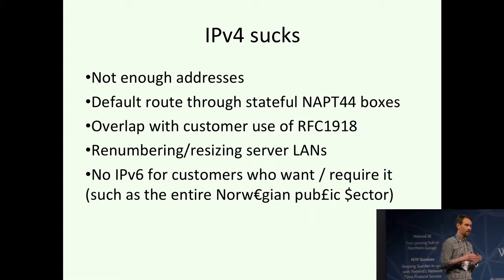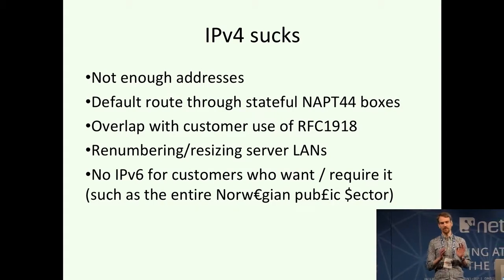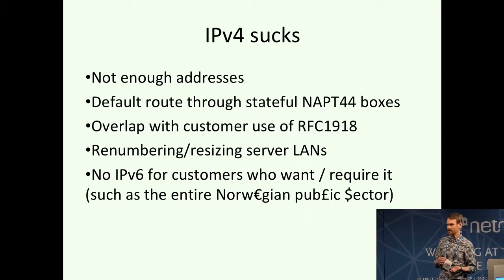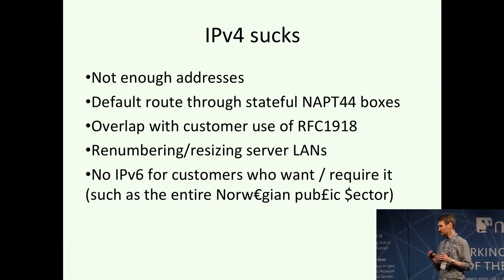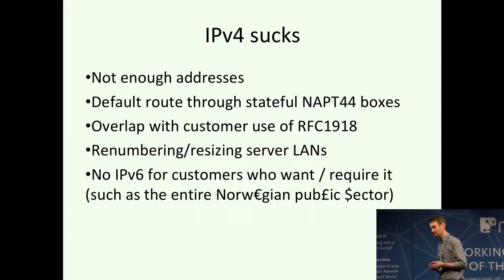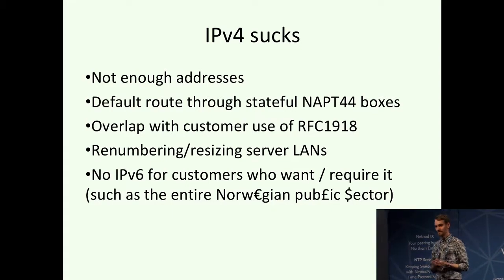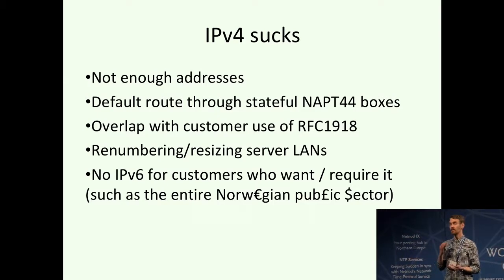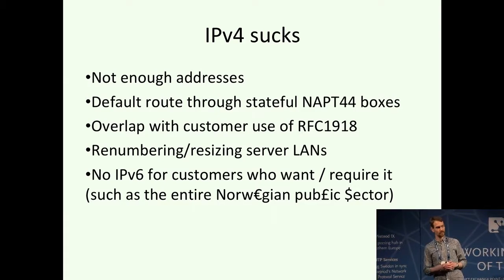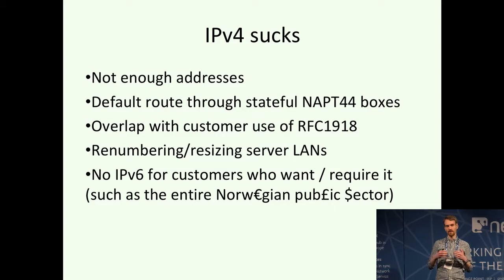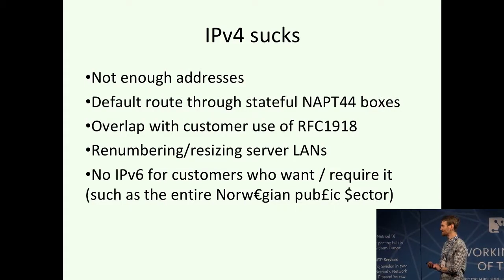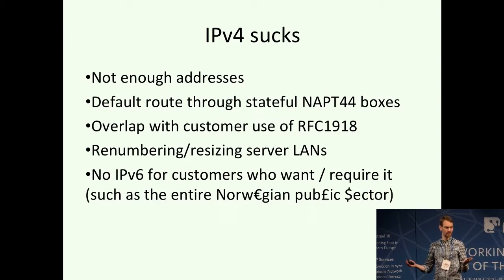So when I try to look at what benefits and disadvantages these various stages have, I noted that, well, v4 kind of sucks. And that is for multiple reasons. We don't have enough addresses to deliver our services using v4 addresses for eternity.